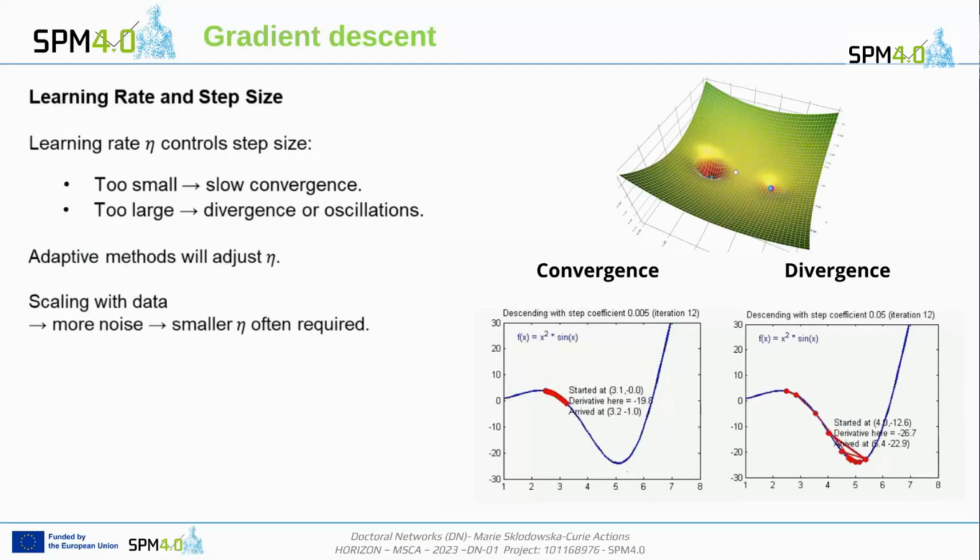Then, instead of having just some set learning rate, you usually want to use some kind of adaptive method which will adjust the learning rate. Also, the noisier the data you have, the slower the learning rate you usually need.